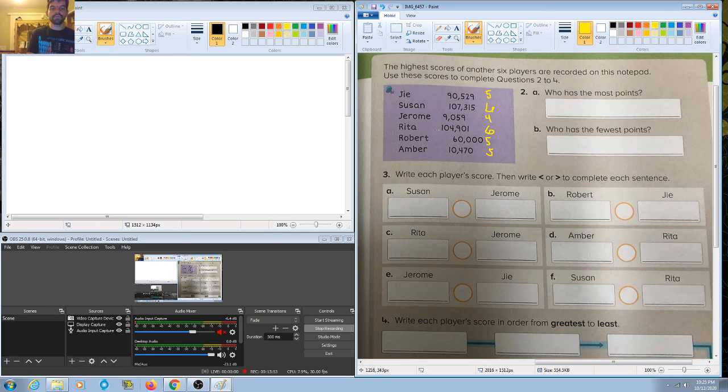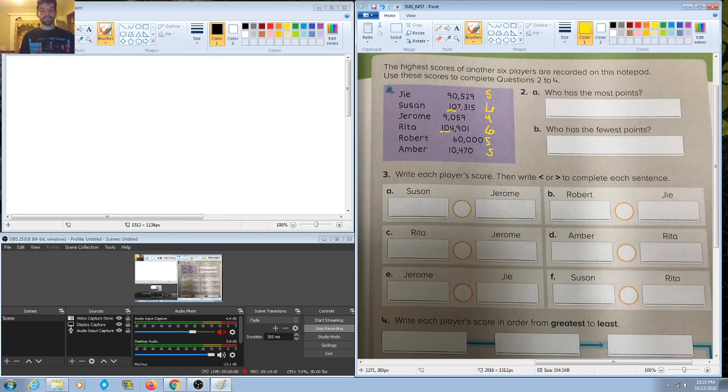But now what we have to do is compare the two. You'll notice that both the 100,000th place and the 10,000th place are the same. So they're not different enough to allow us to see whose score was higher.